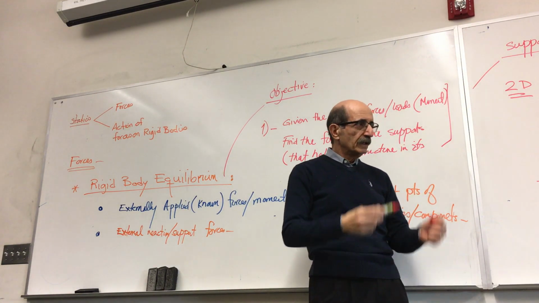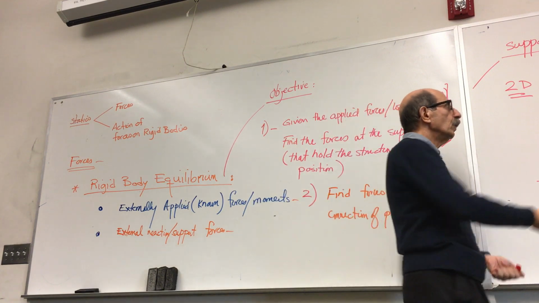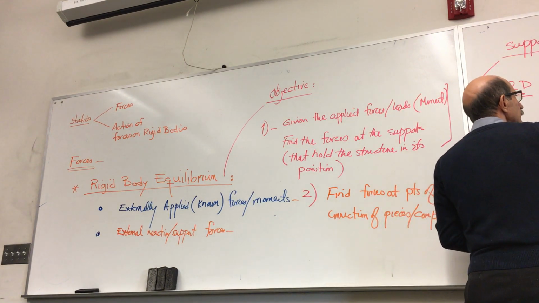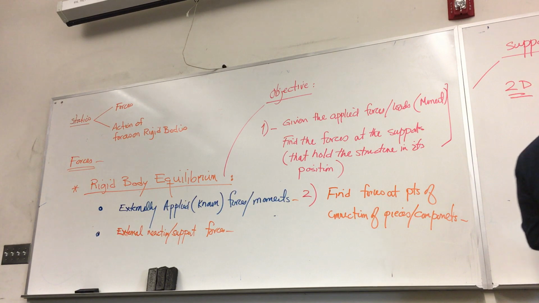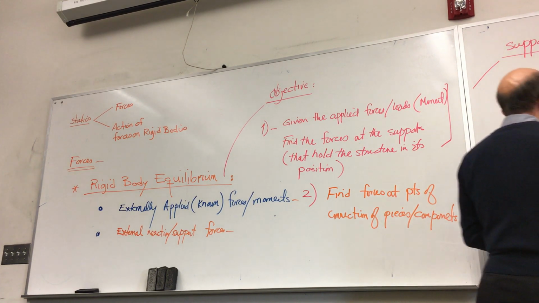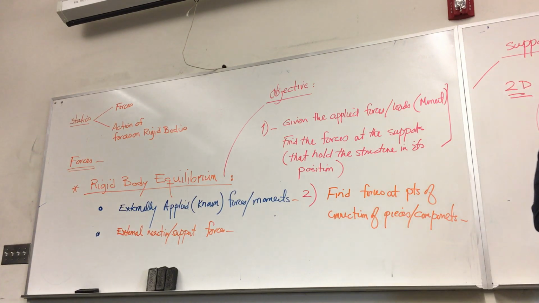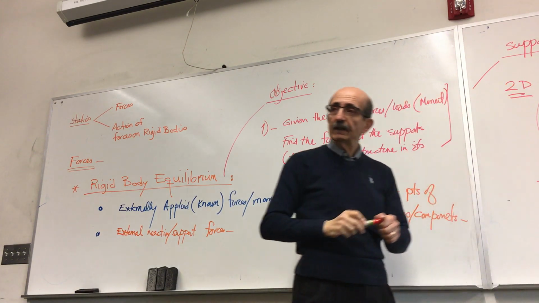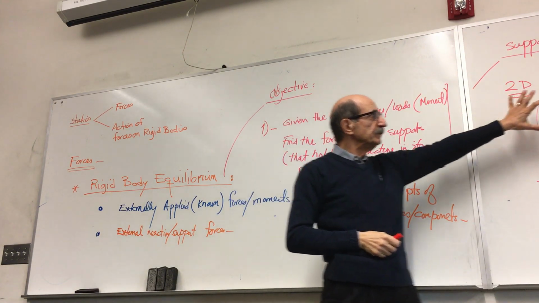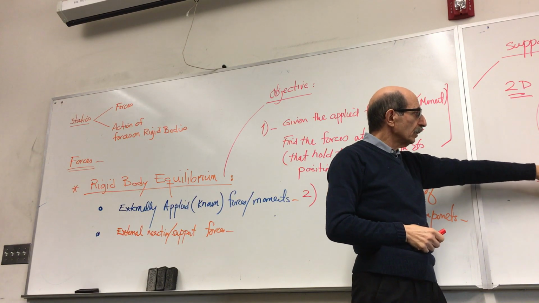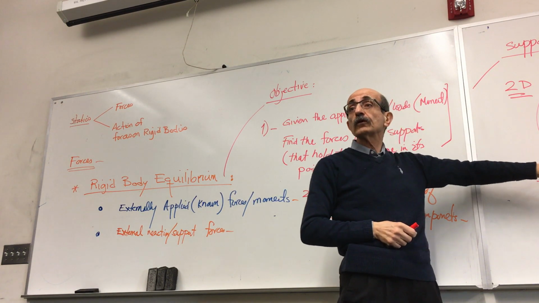This is what we want to know. Knowing that we have loads acting on this structure, say wind blowing, the weight of this tree, and so on, we know these. Can we find out, given these loads, what are the forces that are holding the structure in place?